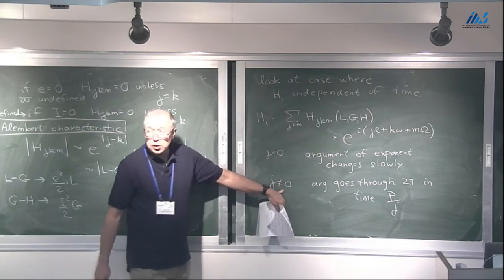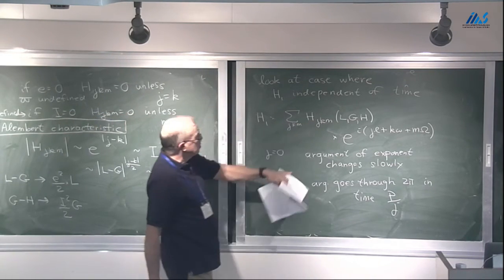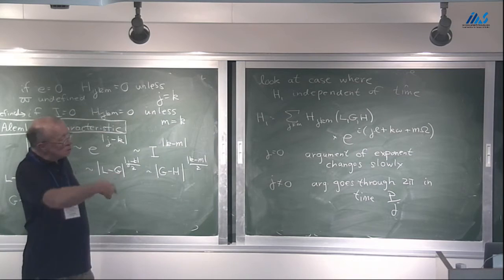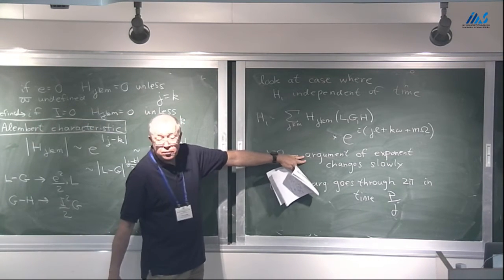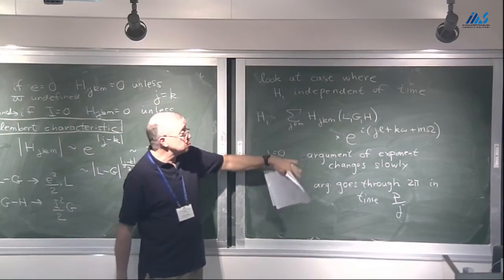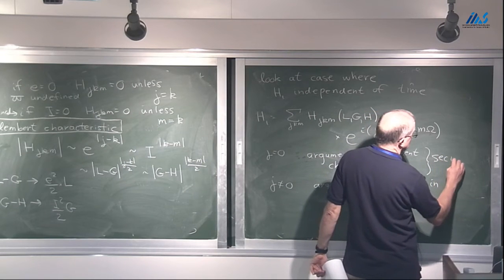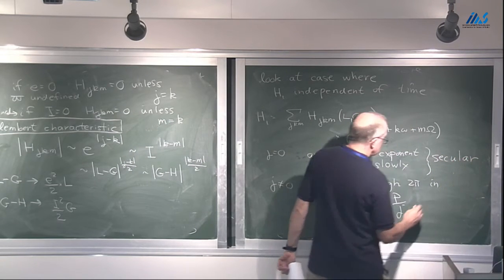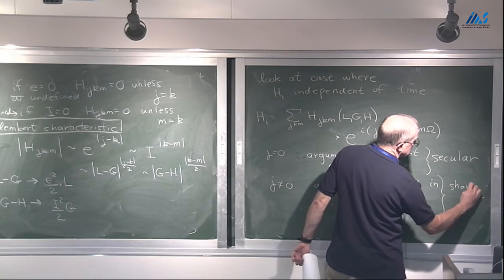Typically, the terms with J not equal to 0 are bigger. That is, their H is bigger than the terms with J equals 0. But because they're oscillating back and forth, whereas these are changing very slowly, the overall effect of these terms is often very much bigger. So these have come to be called the secular terms, and these are typically called the short period terms.